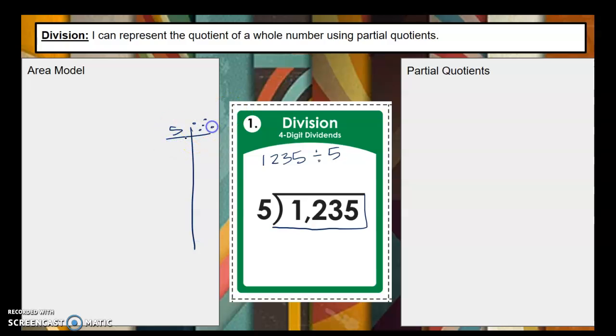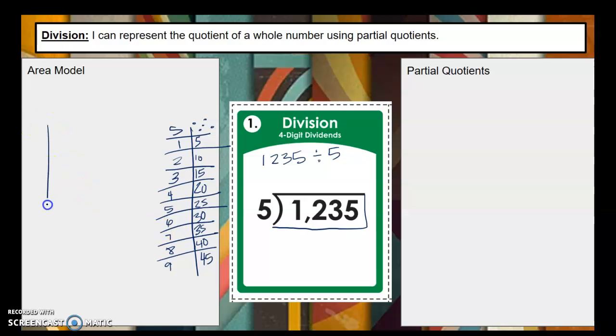And we can use it on both of them because you're going to need a T-chart no matter when you divide. You're going to need it every time. All right, so that's 5, 10, 15, 20, 25, 30, 35, 40, 45.